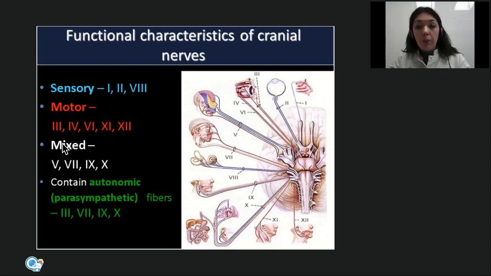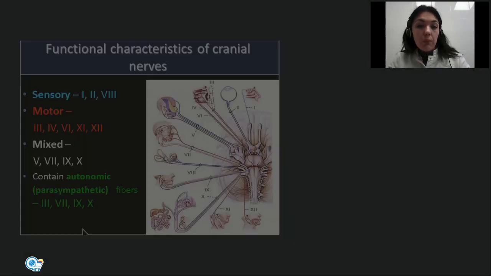There are nerves which combine in themselves sensory and motor fibers. It is the 5th pair trigeminal, 7th pair facial, 9th pair glossopharyngeal, and 10th pair vagus nerve. There are nerves which contain autonomic fibers. It is also oculomotor, facial, glossopharyngeal, and vagus nerve. What do you have to memorize?